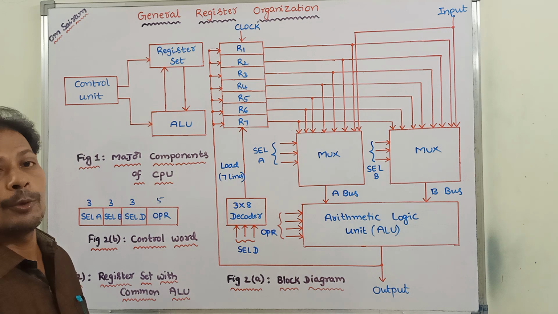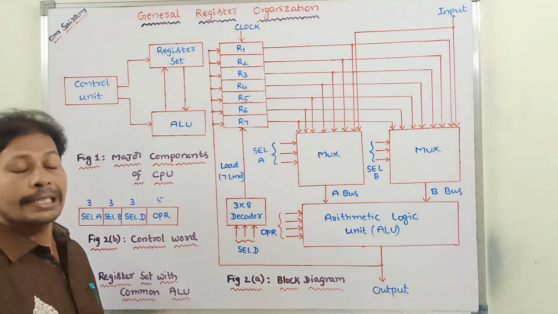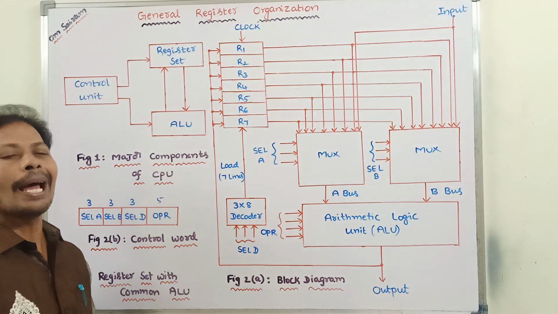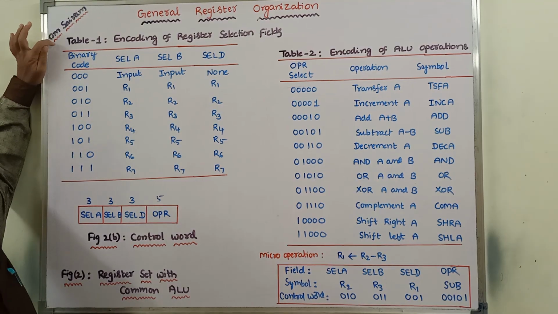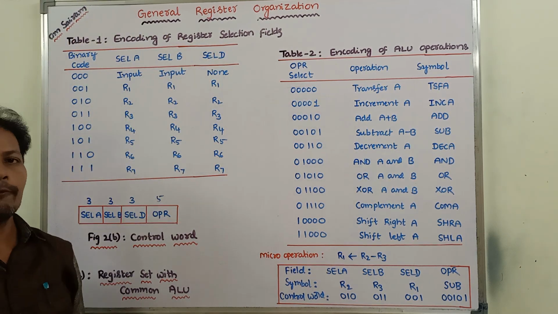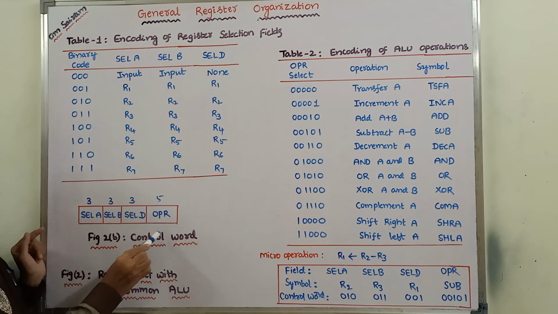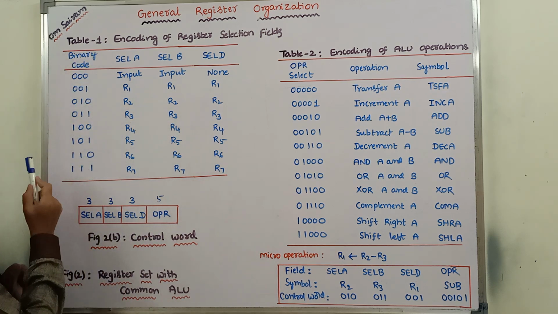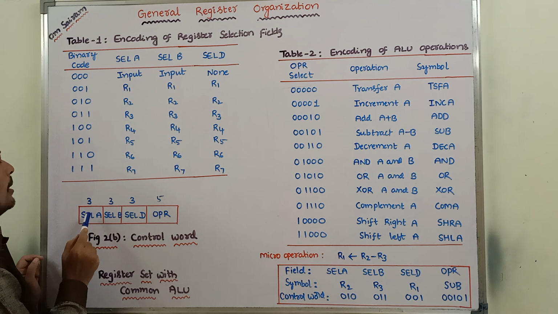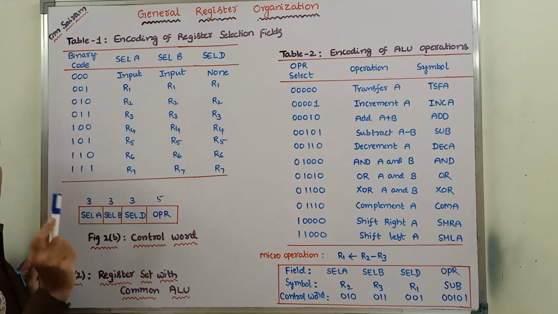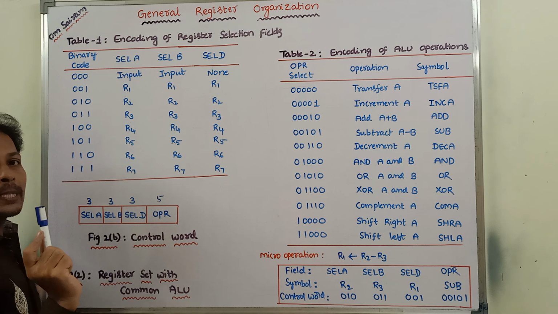When SEL A and SEL B values are binary values, that can be discussed by using one table and explained with one example. Table 1 shows the encoding of the register selection field. The first column contains the binary code. The next column contains SEL A; 3 bits of SEL A are used for selecting the source register.